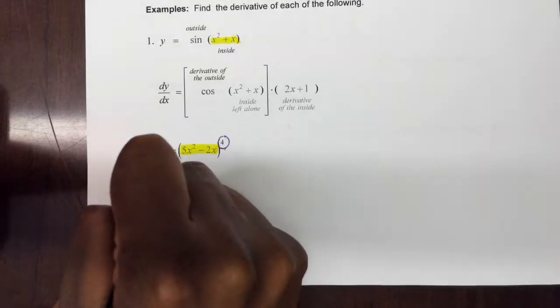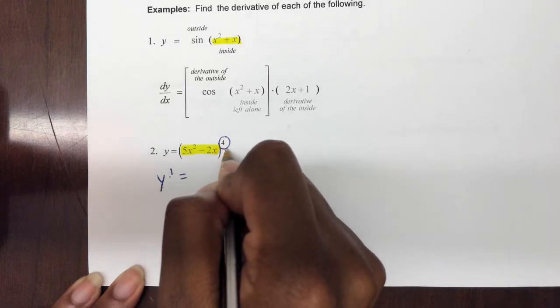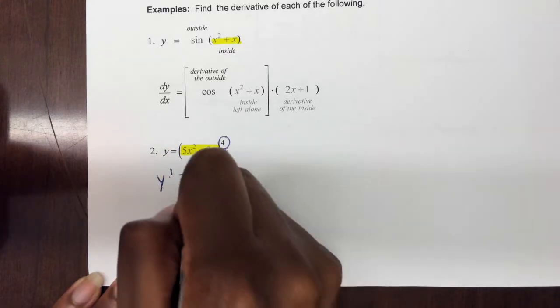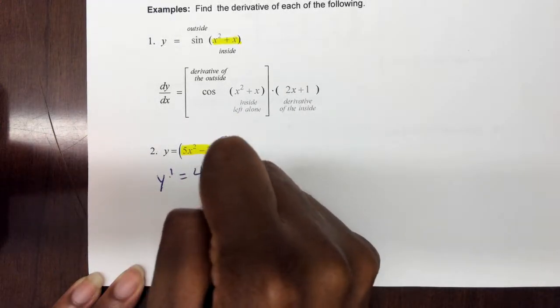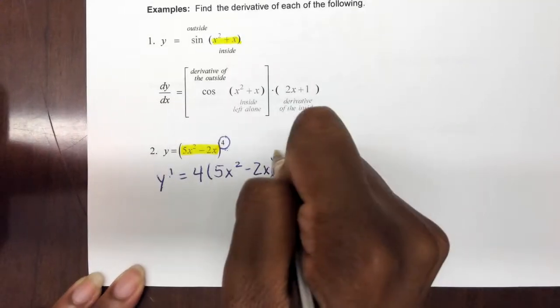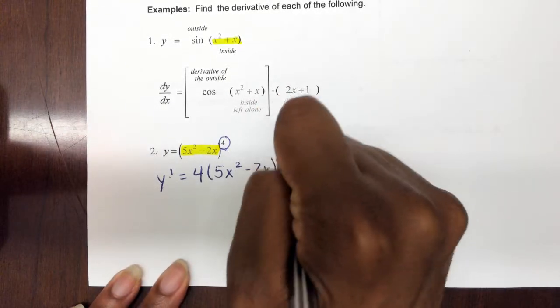So I'll have y prime is equal to the derivative of something raised to the fourth, means I bring the 4 down, keep the baby inside, and then subtract 4 by 1, which gives me 3. And then the derivative of the baby is what we're going to multiply by.